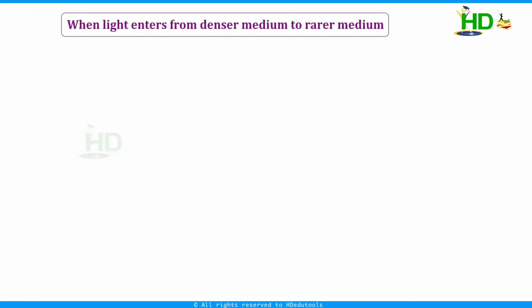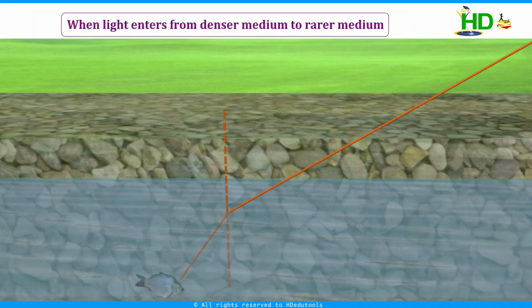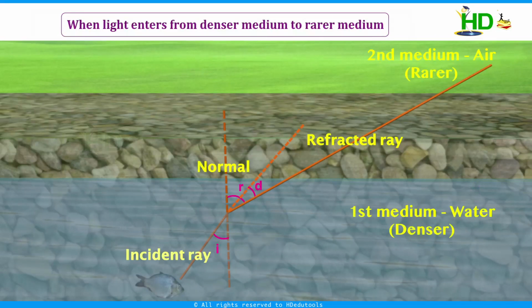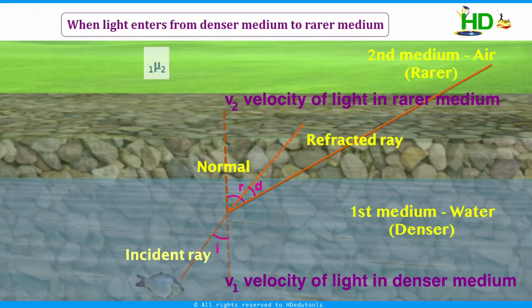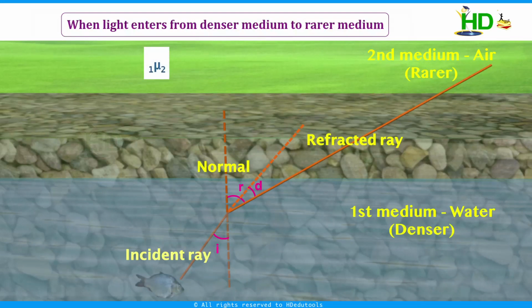Similarly, when light enters from a denser medium to a rarer medium, this is the denser medium, where we consider the velocity to be v1, and this is the rarer medium, where the velocity of light is v2. In this case also, the refractive index of the rarer medium with respect to the denser, that is the refractive index of medium 2 with respect to 1, is equal to v1 by v2, which is equal to sin i by sin r.